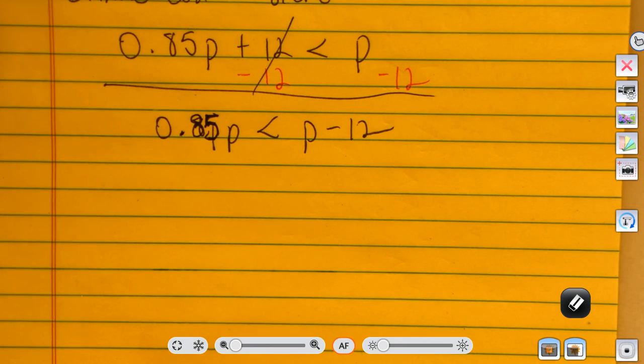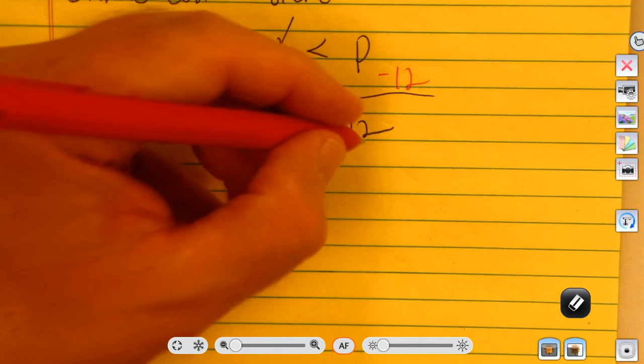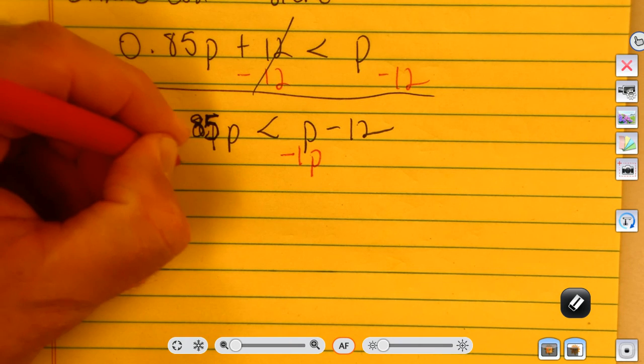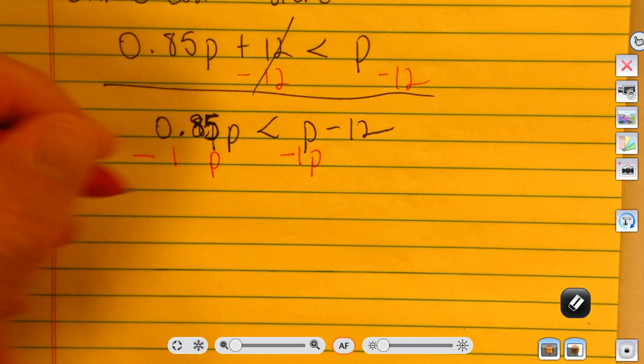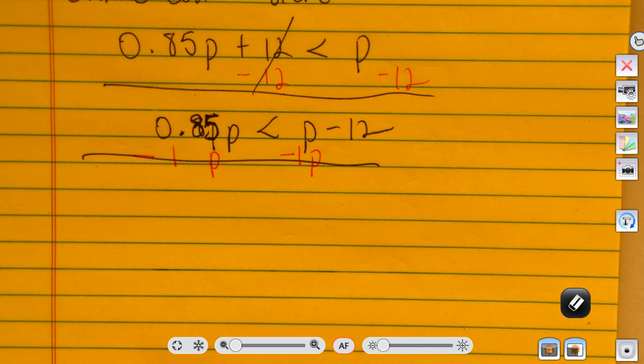Then my next step would be to subtract 1P from both sides because I get my variables on the same side. Okay, so I'd say minus 1P here and minus 1P here as well. And we've got to remember decimal subtraction.